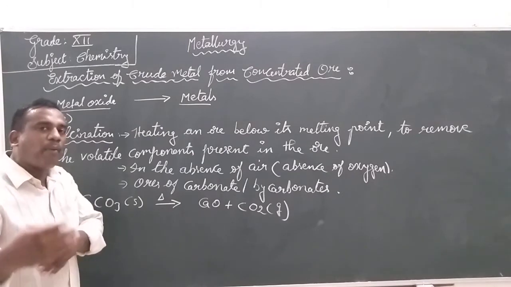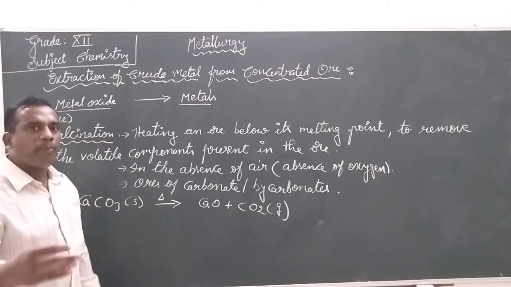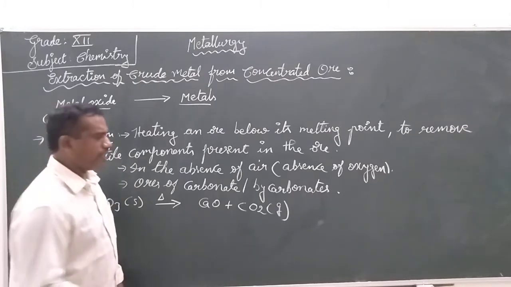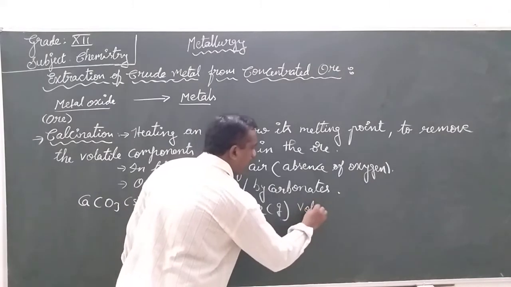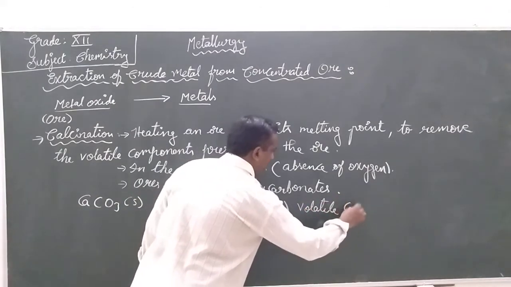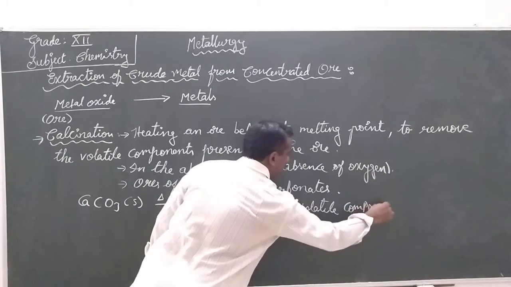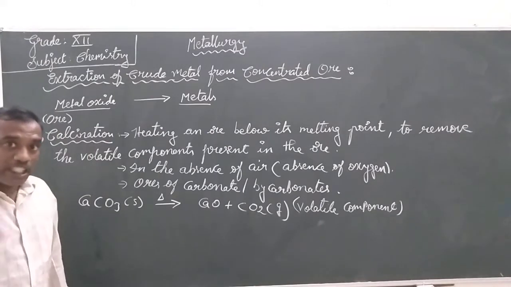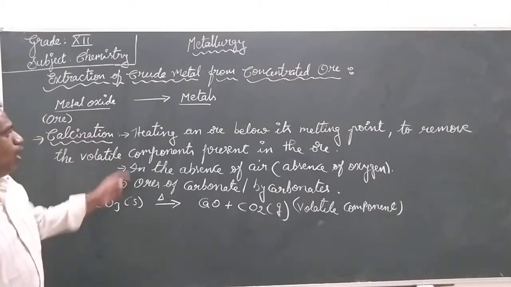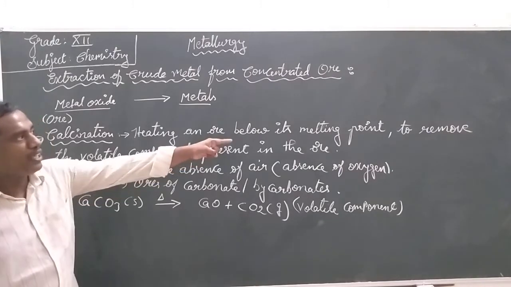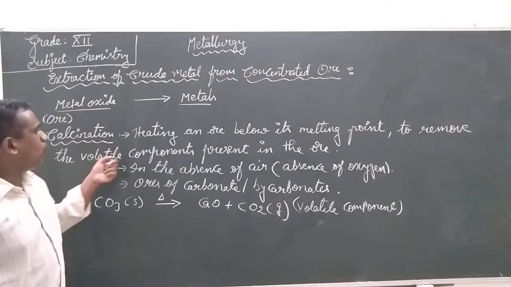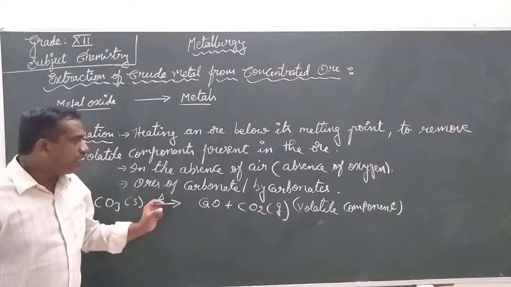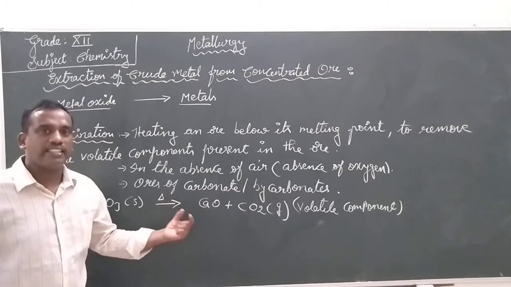Whatever occurs in the gaseous state will escape easily to the environment. This is what we call the volatile component present directly in the ore. So heating an ore below its melting point to remove the volatile components present in the ore is called calcination.